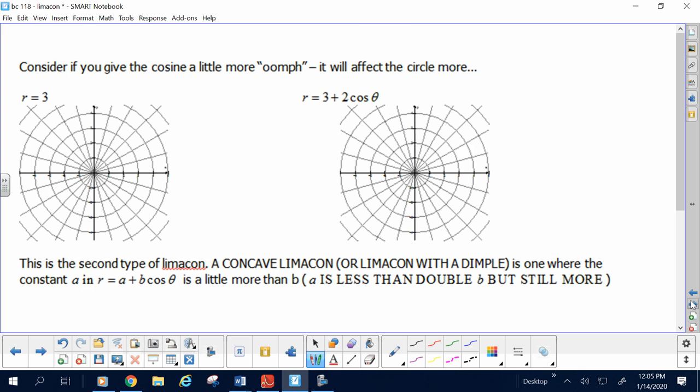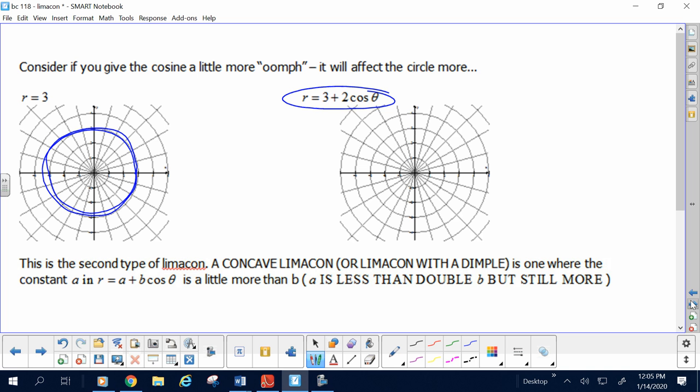Now let's try if we gave the cosine a little more oomph, a little more power to change the graph. Say you are going to graph r equal 3 plus 2 cosine theta. Again, think of r equal 3 as the base graph.